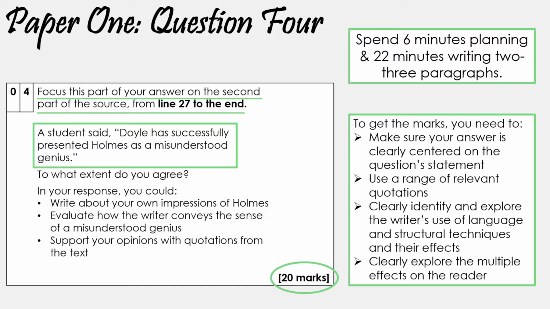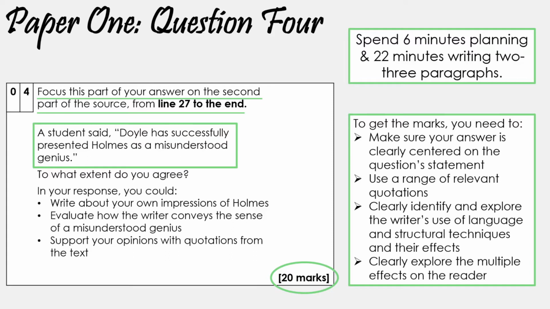Next, same as the other questions, you need to use a range of quotations from the given lines. Go with a bare minimum of 3 quotations per paragraph. For question 4, you could discuss language devices or structural devices. It's all fair game for question 4. Explore them in detail. Look at multiple interpretations, connotations.